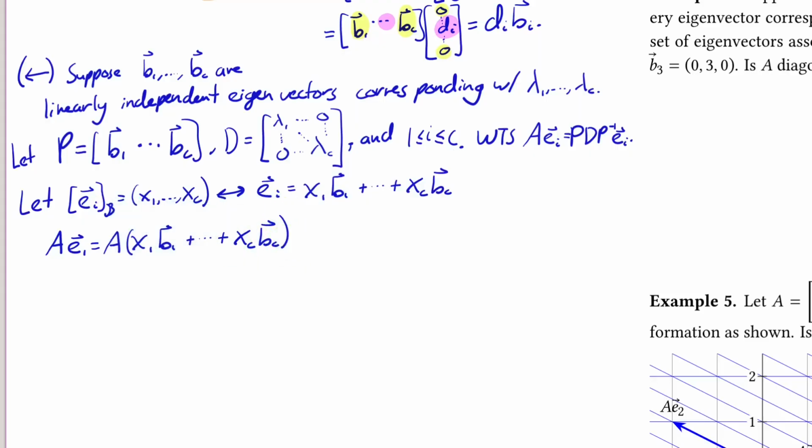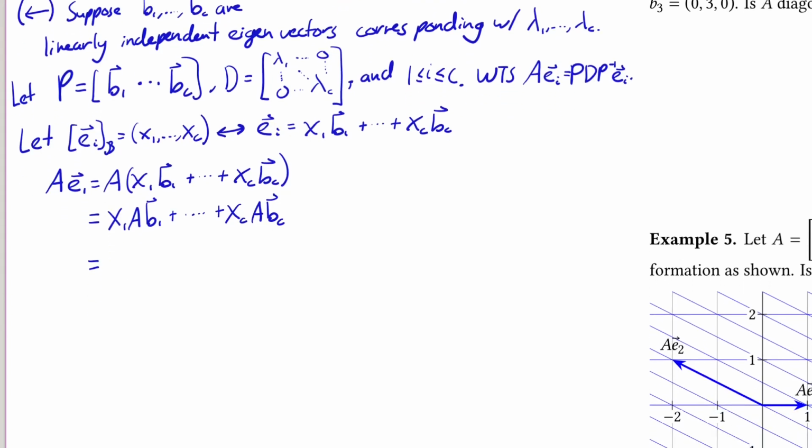And then we have a distributive rule, an associative rule that says we can take out the scalars x1. And the reason we want to do this is because we know something special happens when we multiply A by its eigenvectors. We know that we get the corresponding eigenvalue scaling those eigenvectors as a result, like so.